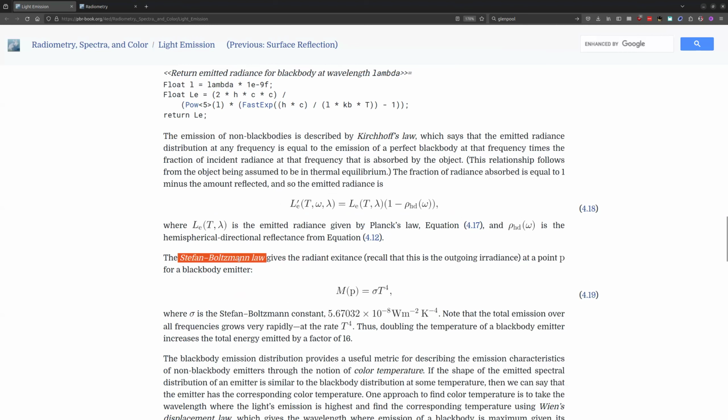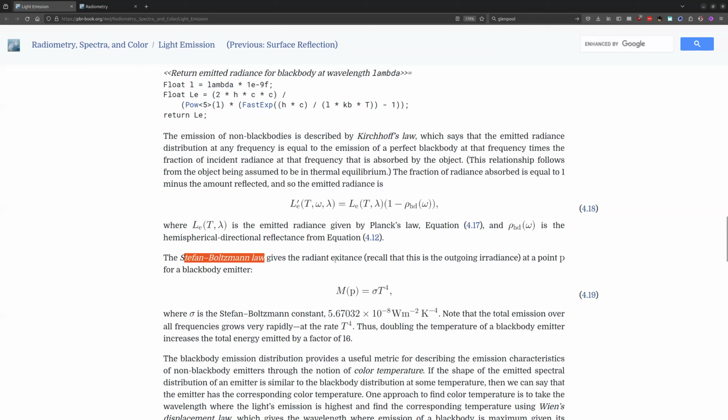Okay, we have the Stefan-Boltzmann law, radiant excitance or outgoing irradiance at point P for a black body emitter. You know, I was thinking of the Stefan-Boltzmann law when I saw Planck's law.